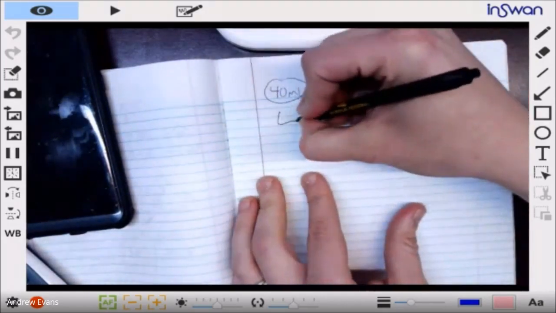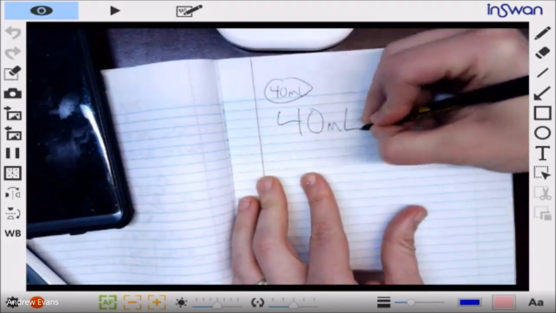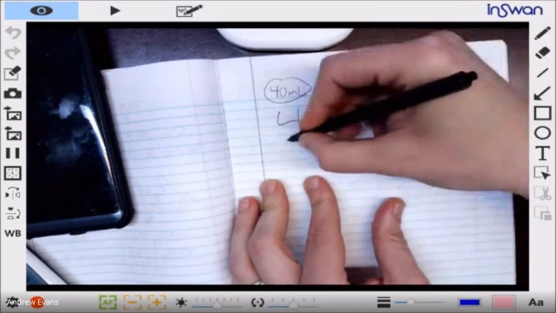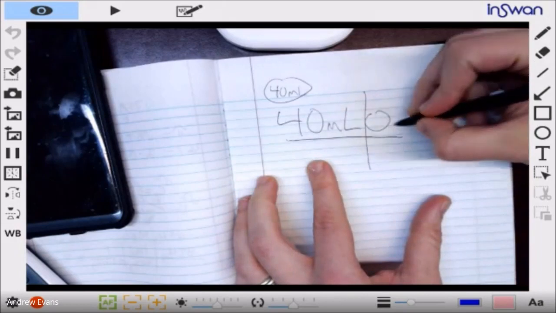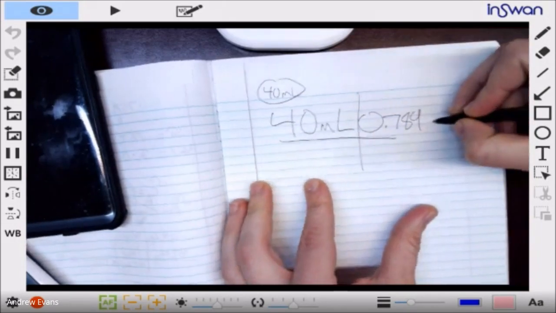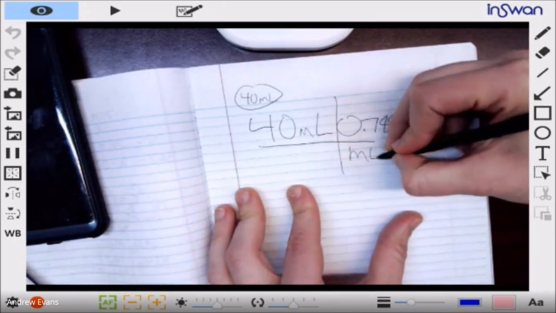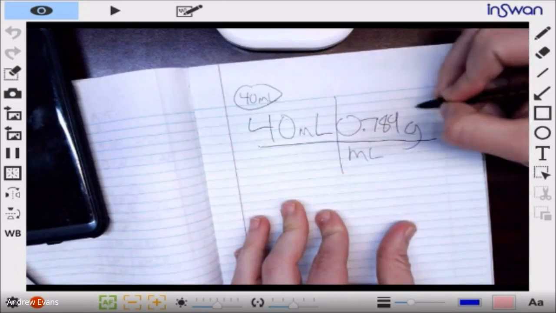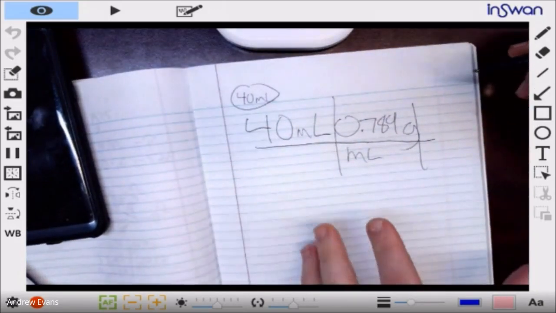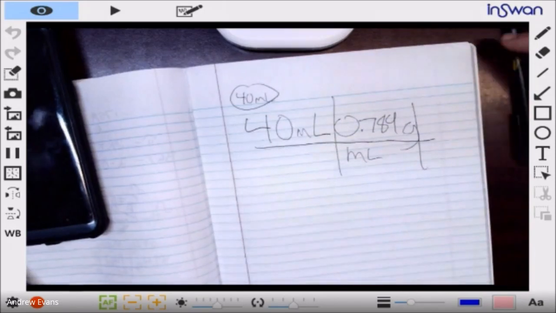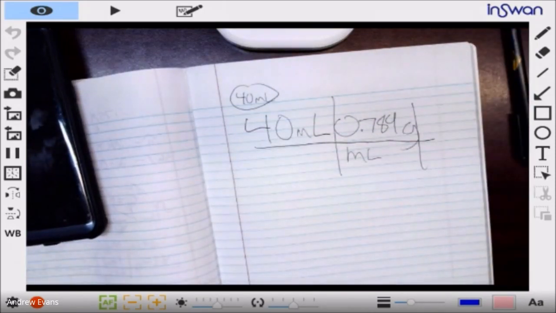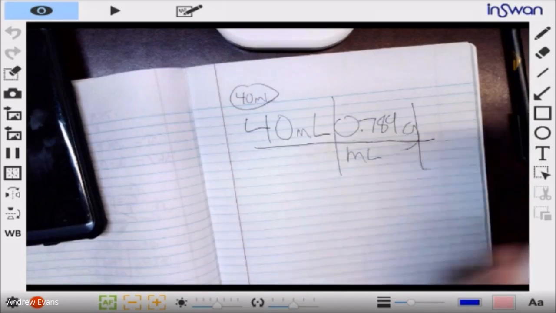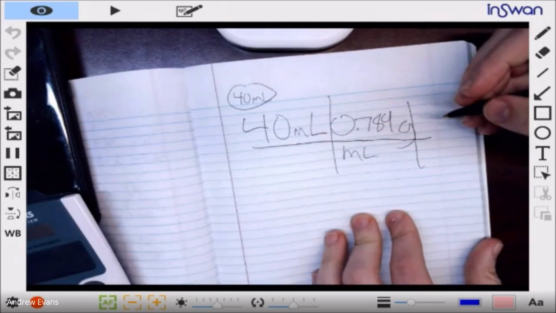Okay, so with 40 mils of vodka, a density of 0.789 grams per mil would give us the mass of ethanol, and the molar mass of ethanol, which is C2H6O: 12 times 2 plus 16 plus 6 is 46.